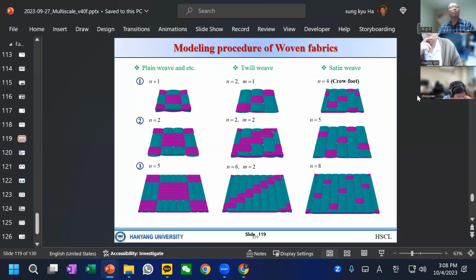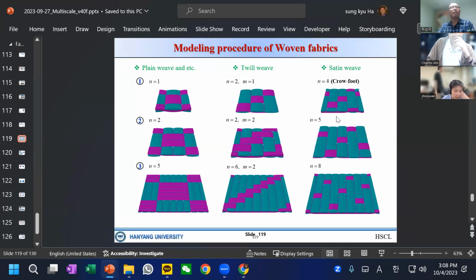I don't mean to emphasize how to model that, but I'd like to show you the structures of woven fabrics. We have a warp and weft, 0 and 90, and you can see how they can be interlocked.